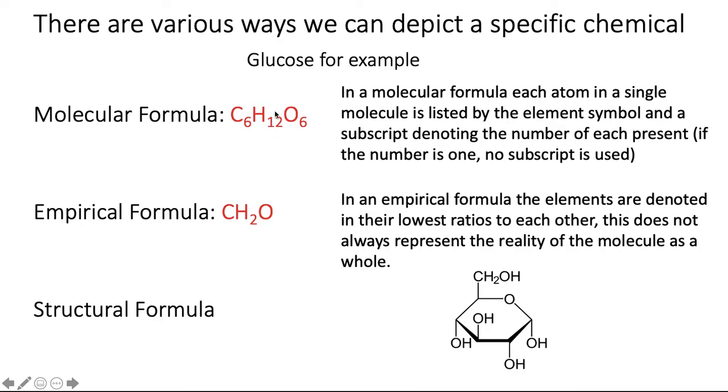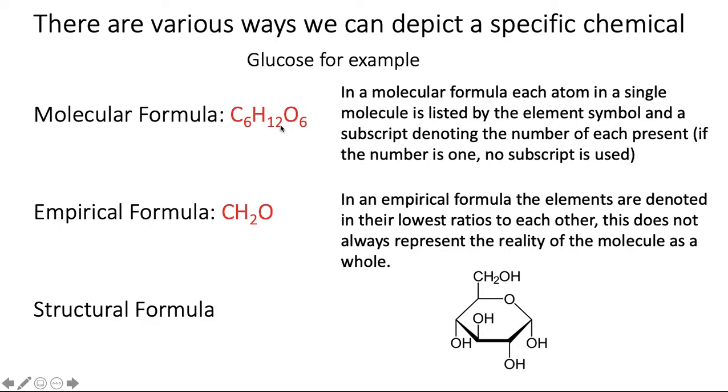I have 12 times as many hydrogens as I do molecules of glucose, because 1 molecule gives me 12 hydrogen atoms. 1 molecule of glucose has 6 oxygens, so 6 times as many oxygen atoms. If I had 2 molecules of glucose, I would have 6 times 2 carbon atoms, 12 times 2 hydrogen atoms, 6 times 2 oxygen atoms, etc., etc.